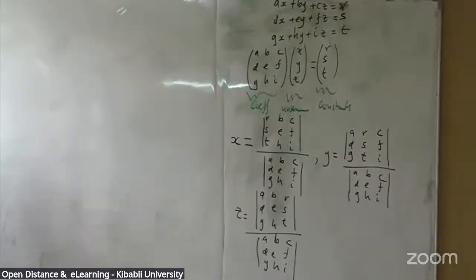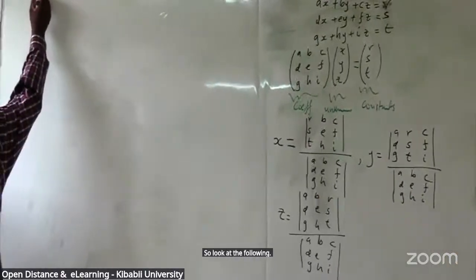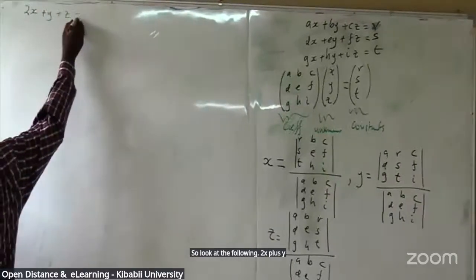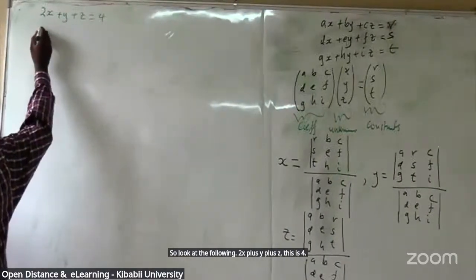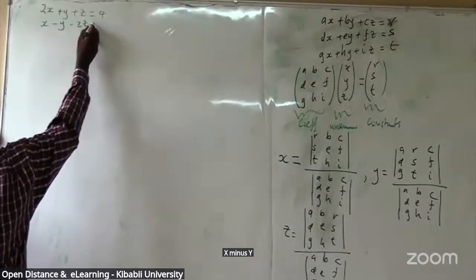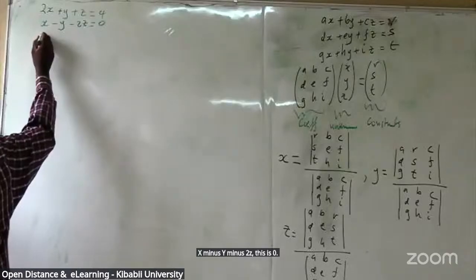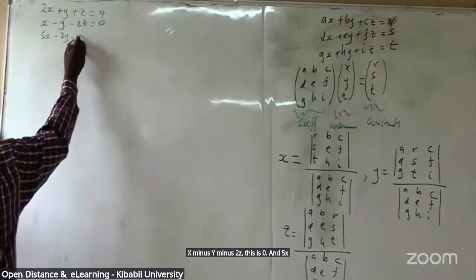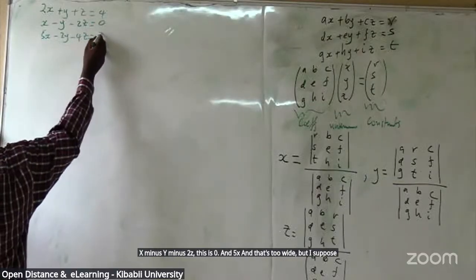So look at the following. 2x plus y plus z, this is 4. x minus y minus 2z, this is 0. And 5x minus 2y minus 4z, this is 3.